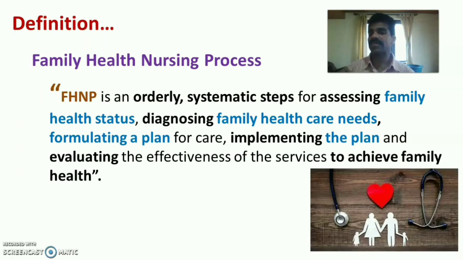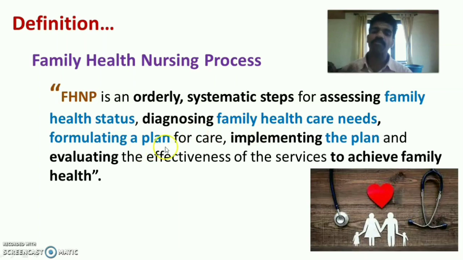The second definition says the family health nursing process is an orderly, systematic, step by step series of steps for assessing family health status and family health problems, then diagnosing family health care needs, which is the family diagnosis.